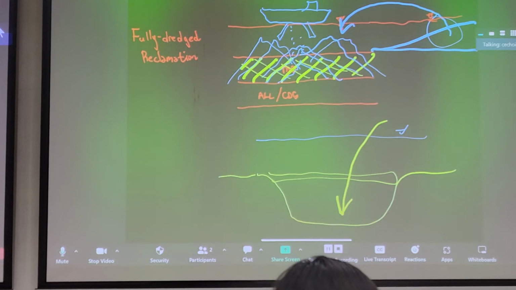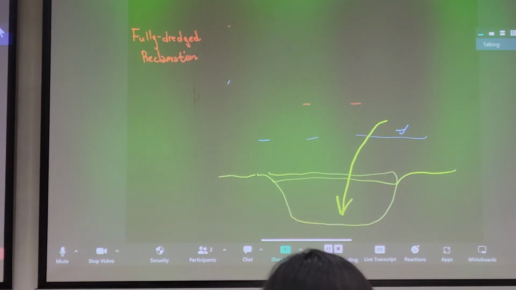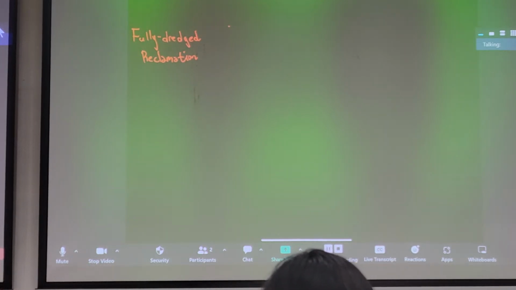Now, with a fully dredged reclamation, let's see if I can complete this. Well, with any reclamation, there's two components.